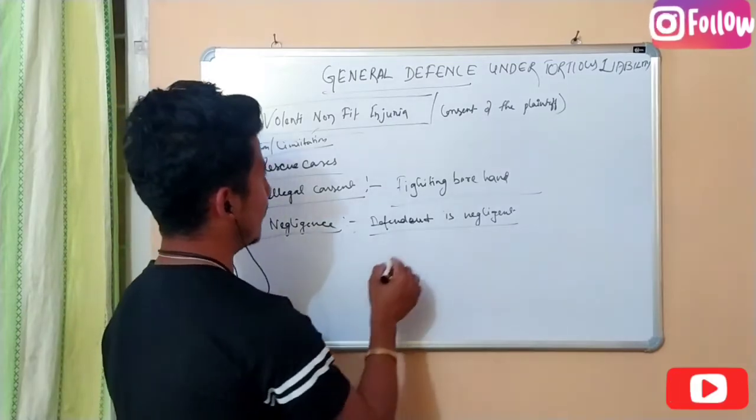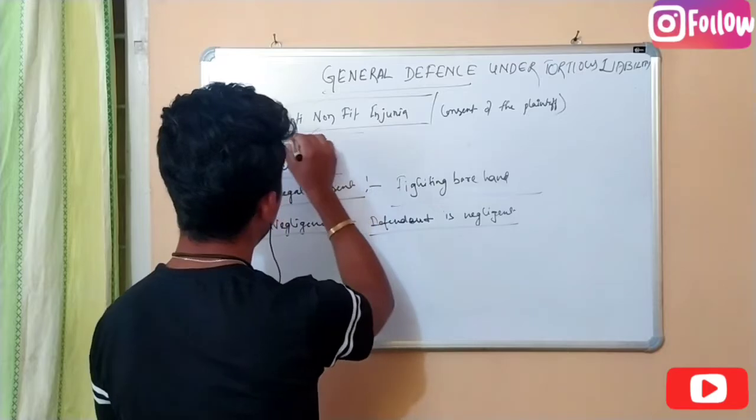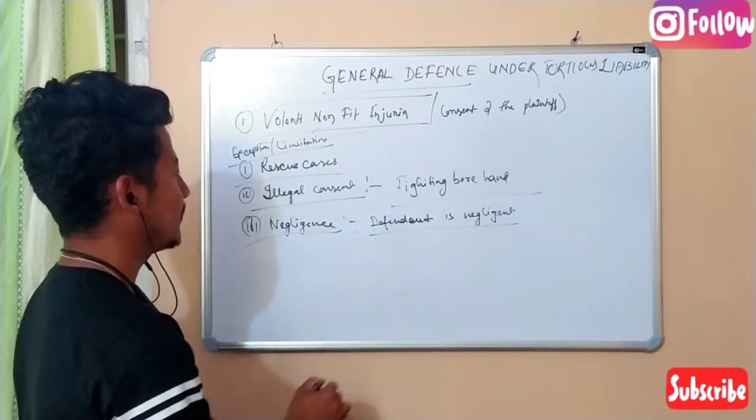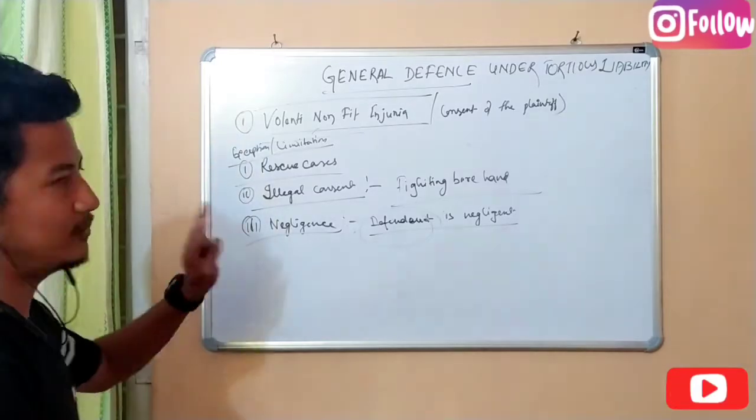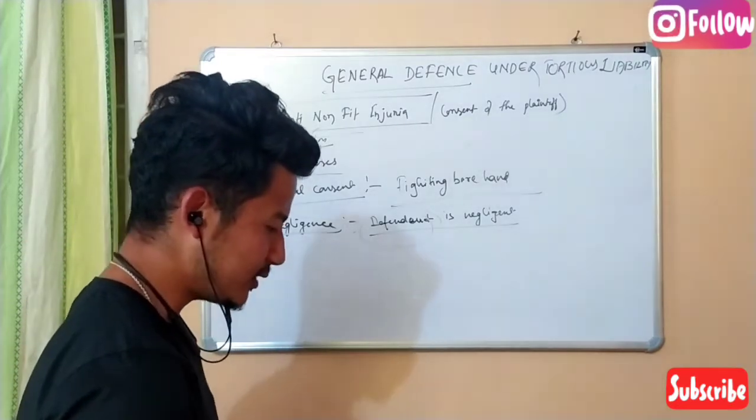The court will say no, and will not allow him to take the benefit of volenti non fit injuria, and the defendant will be held responsible for the wrong suffered by the plaintiff. So that's what it means.